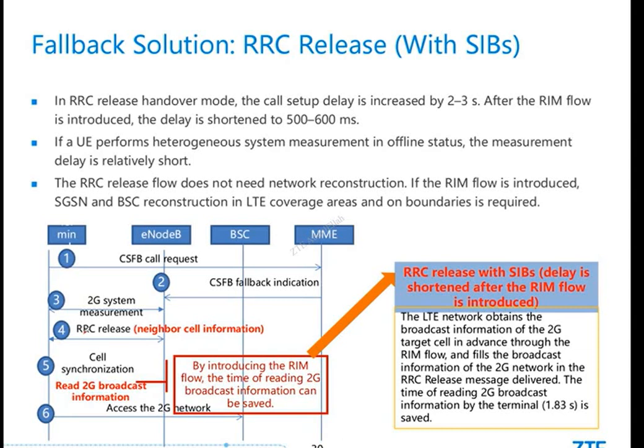So when the UE receives the RRC release message, the UE will understand which target cell it is going to, and the UE will go to the target 2G or 3G cell to do the initial access. So this solution is also named redirection. Okay, this is a redirection solution.